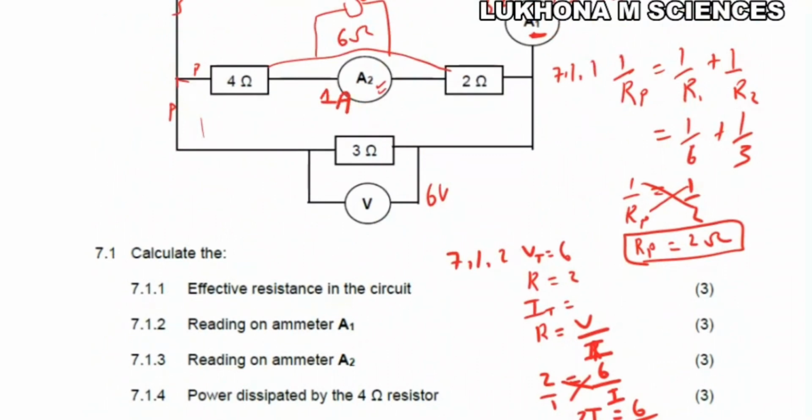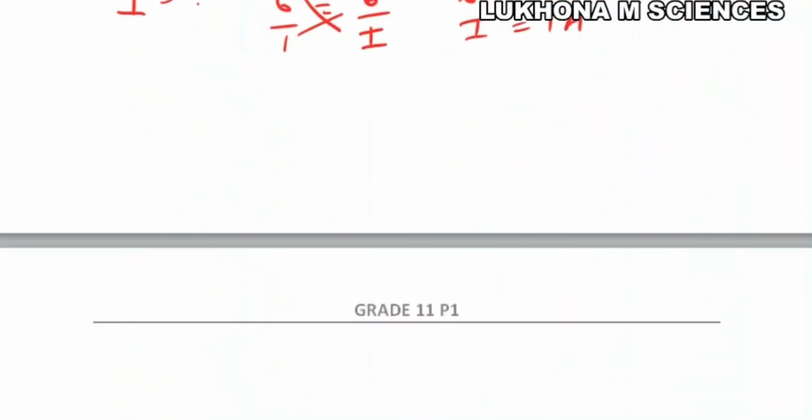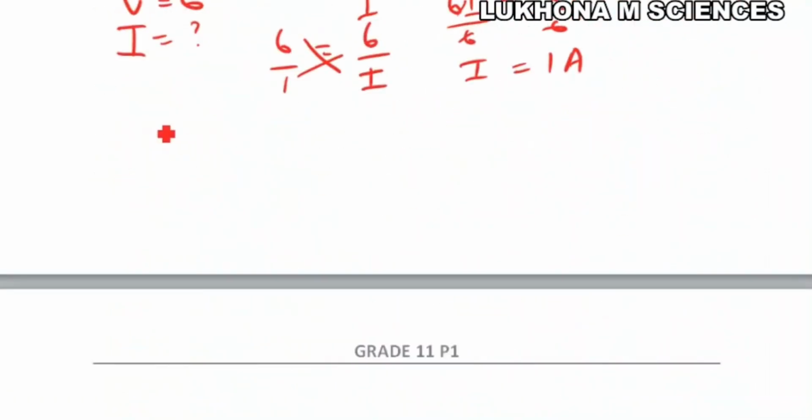The following question says, let's calculate the power here. Power at the 4 ohm resistor. What we have here is a current of 1 ampere. So let's collect the data. We are looking for the power. We have the resistance, the resistance is 4. The current is I. So let's go to the formula sheet.